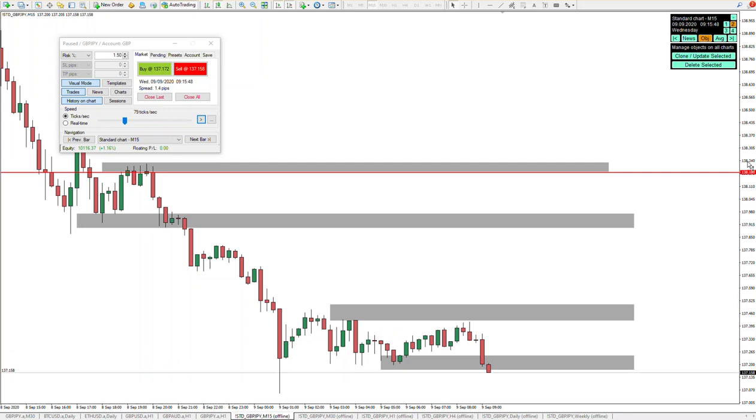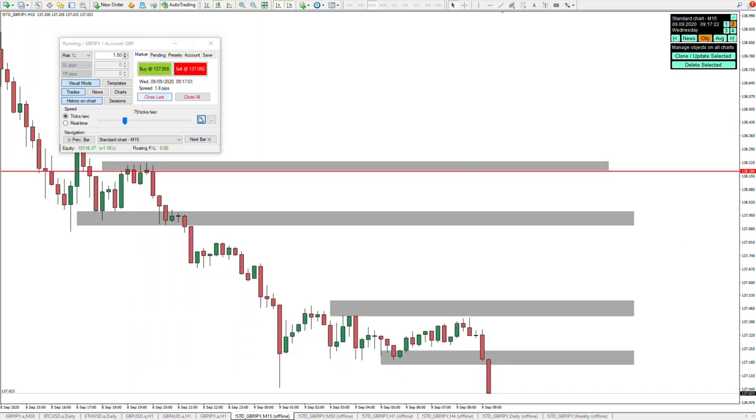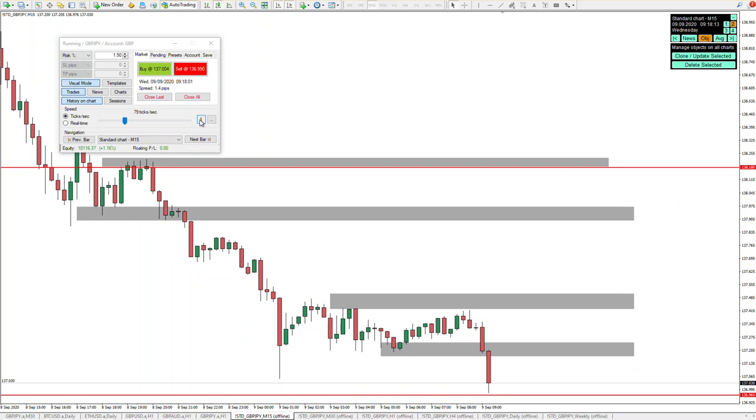I don't like M15 closes which break such a tight range. I really at least want to see that happening on M30. That's one thing. Another problem I have with this is the tight range to this support.